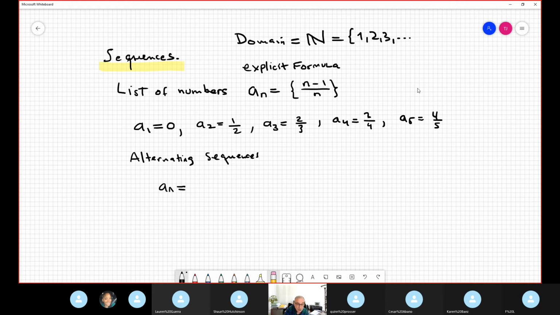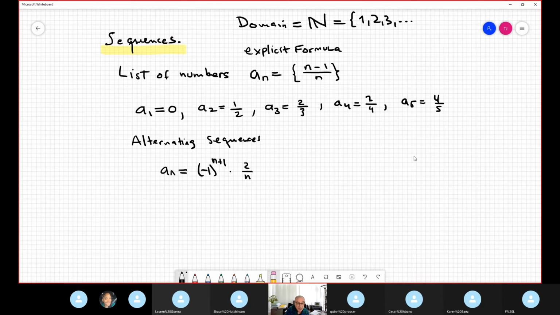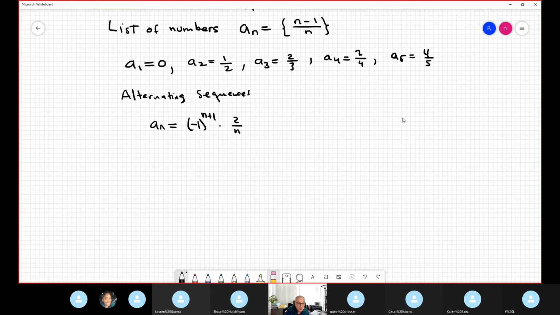Remember, a sub n represents the explicit formula for the sequence. Suppose it is negative 1 to the n plus 1, times 2/n. Entonces we try again to understand the first 5 elements of this sequence, and you evaluate n equal 1, 2, 3, 4, 5. Remember, n is a natural number.